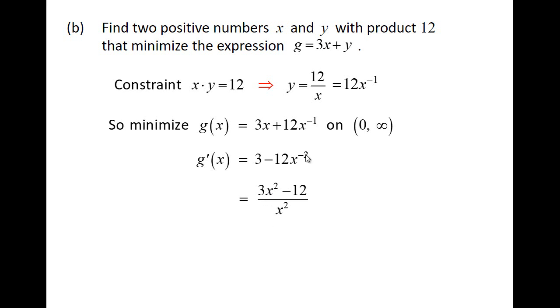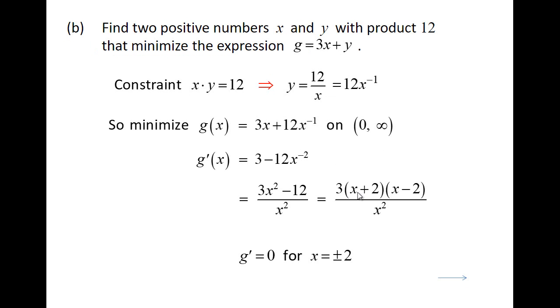And the derivative is 0 when 3x squared minus 12 is 0. So if we factor the numerator, we get 3 times (x plus 2) times (x minus 2), and we see that the derivative would be 0 when x is either 2 or negative 2. So those are the critical points. We got 2 of them.